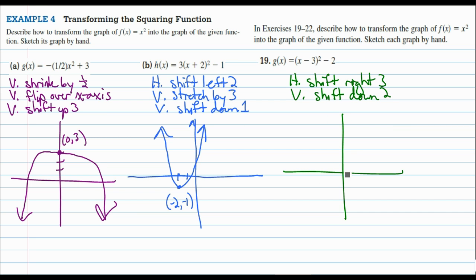So the first parabola is our basic one. Then we get a horizontal shift right 3, which is going to move that vertex to (3, 0). Then we get a vertical shift down 2, which is going to move that vertex to (3, -2).